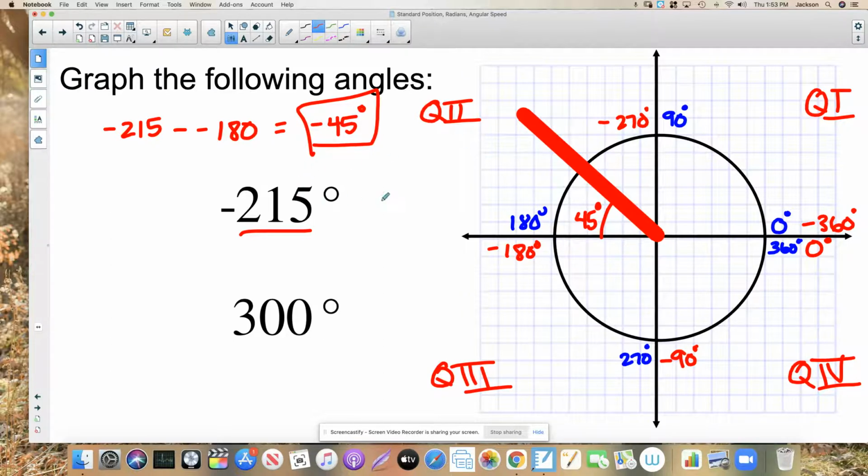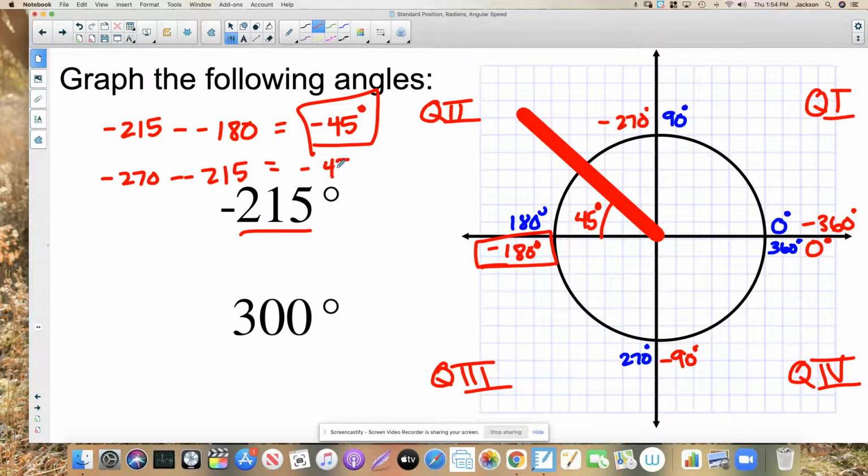You've already recognized and notated that this is in quadrant two, so we know it's in here. If we use one of these axis angles, negative 180, and we subtract it from this number and we get this, we know we're 45 degrees away from that. So we just extend 45 degrees beyond that. If you wanted to use negative 270 and negative 215, you could take negative 270 and subtract negative 215.